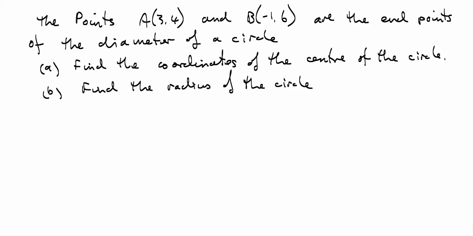Now here's a simple problem on this. We have the points A(3, 4) and B(-1, 6) as the endpoints of the diameter of a circle, and we want to find the centre of the circle and the radius.